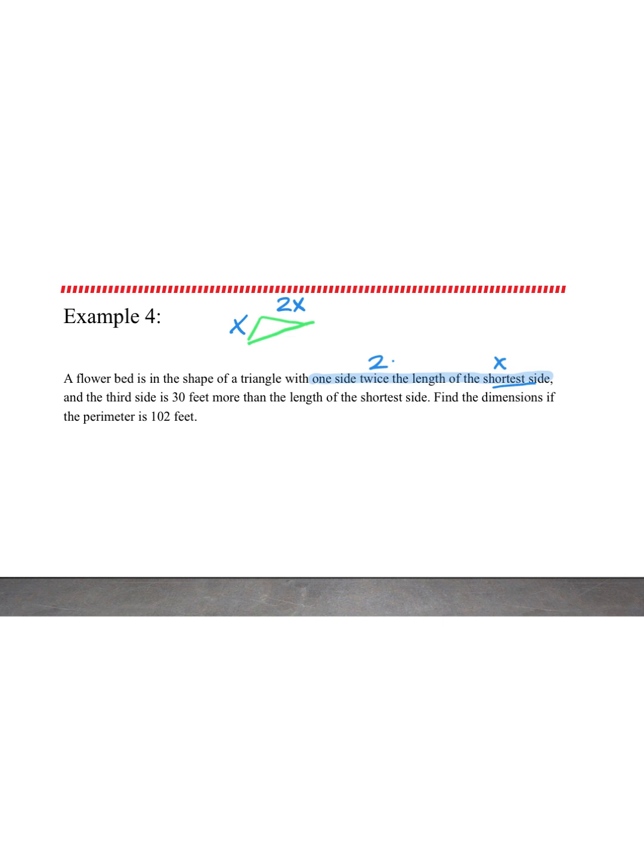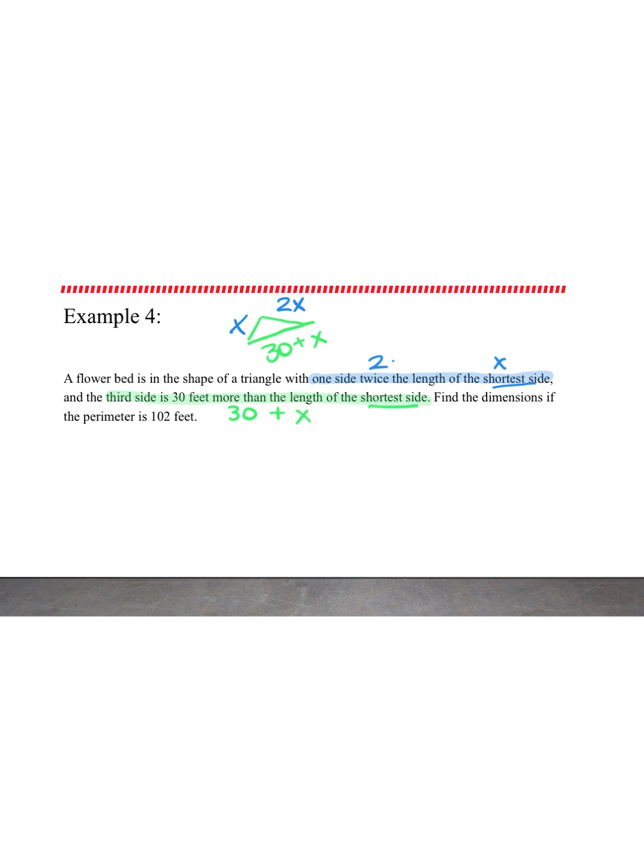And then we have the third side is 30 feet more than the length of the shortest side. So 30 more than means plus, and then our short side is x. So this side is 30 plus x.